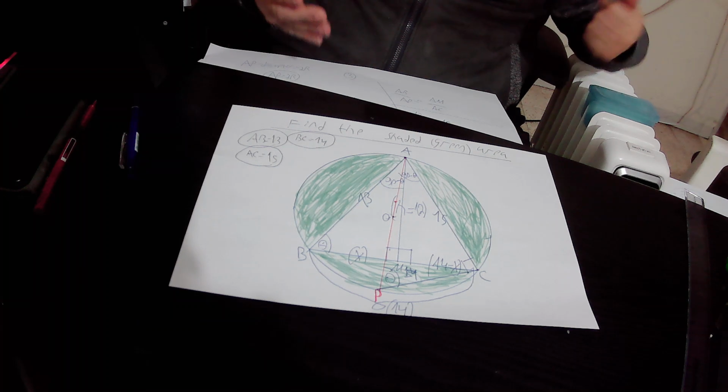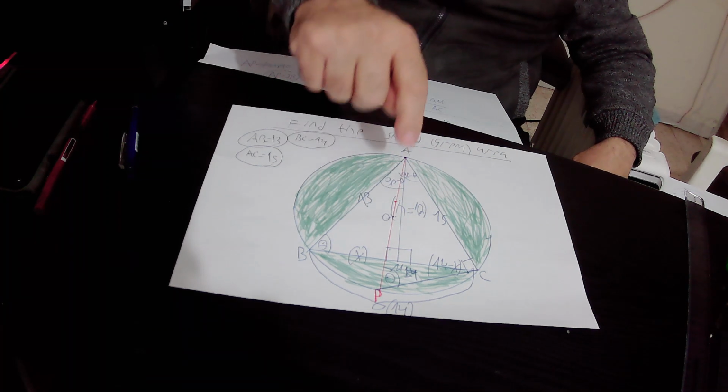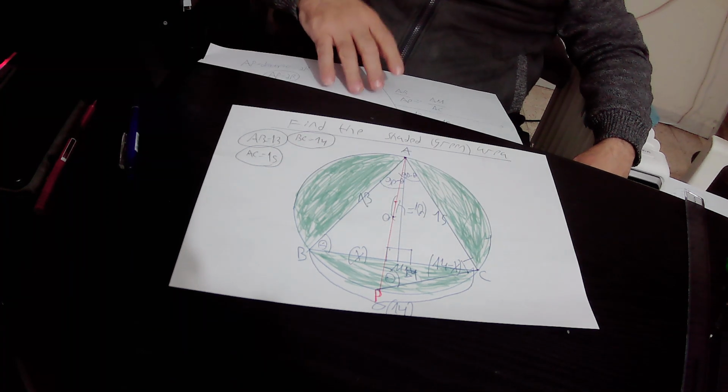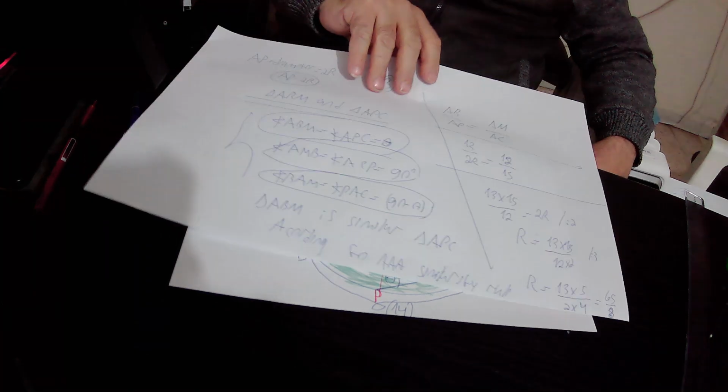So we succeeded in proving that the right triangle ABM is similar to the right triangle APC according to the angle similarity rule.